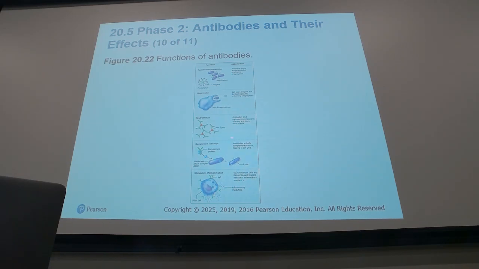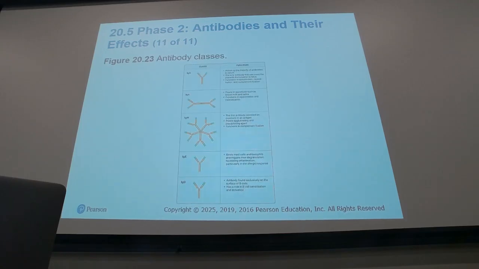And then you can activate your complement, and then you can stimulate the release of molecules, setting up an allergic reaction. We have 5 classes of antibodies. IgG makes the majority of the antibodies in the serum. This is the only antibody that can cross the placenta.